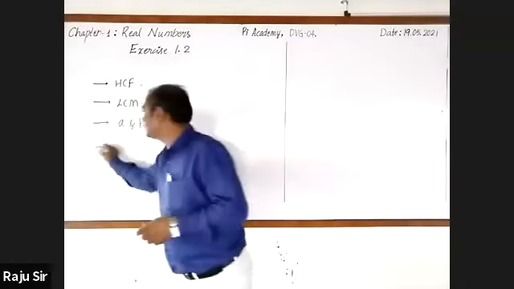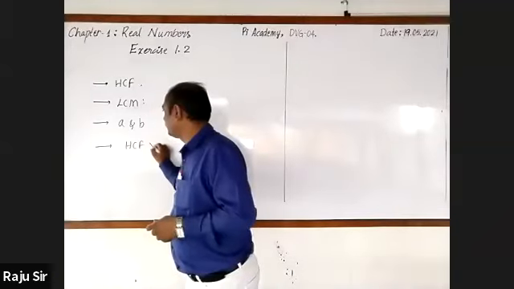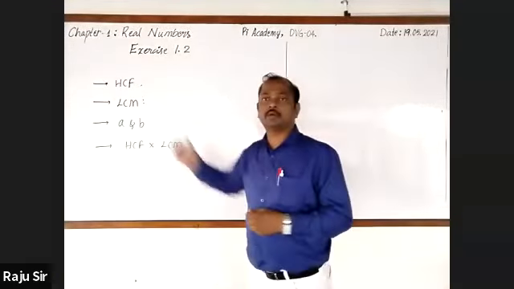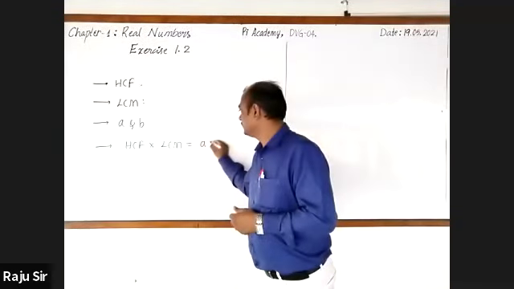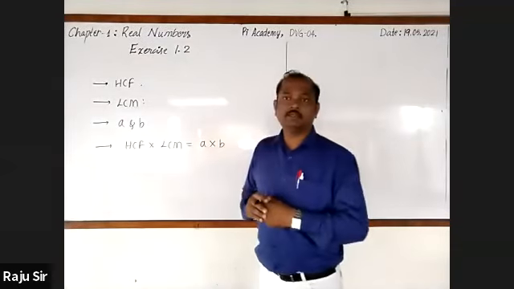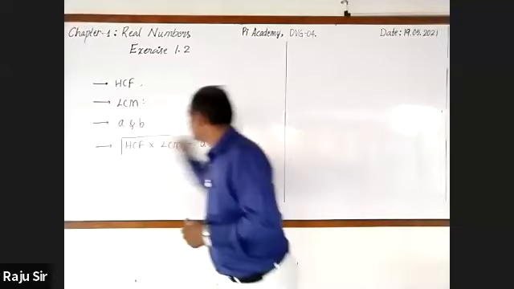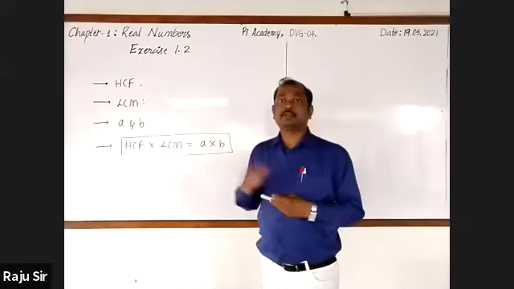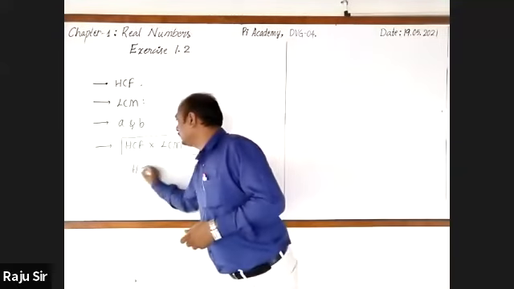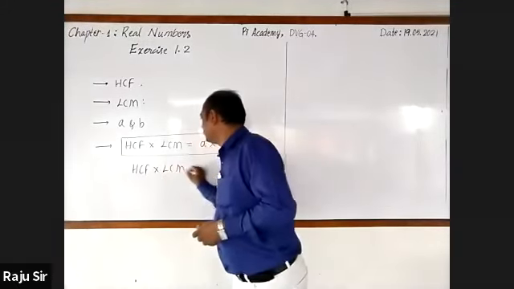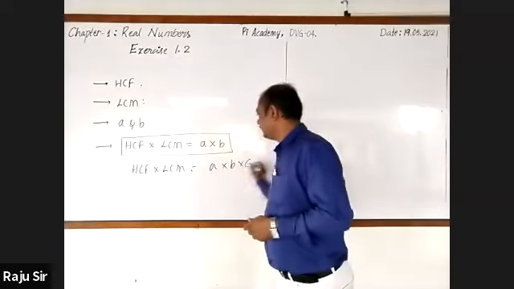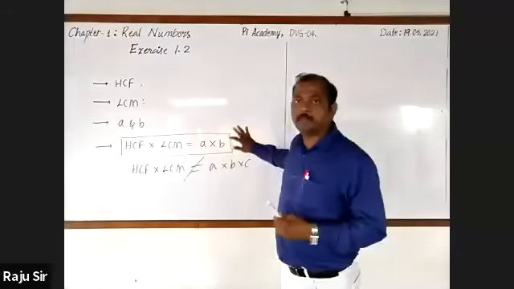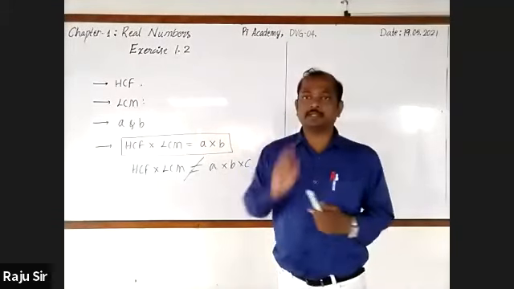That statement is HCF into LCM is equal to the product of those two numbers, that is A into B. This statement is true only for two positive integers, not three. You cannot write HCF into LCM is equal to A into B into C. This is wrong. The statement is applicable only for two given positive integers.